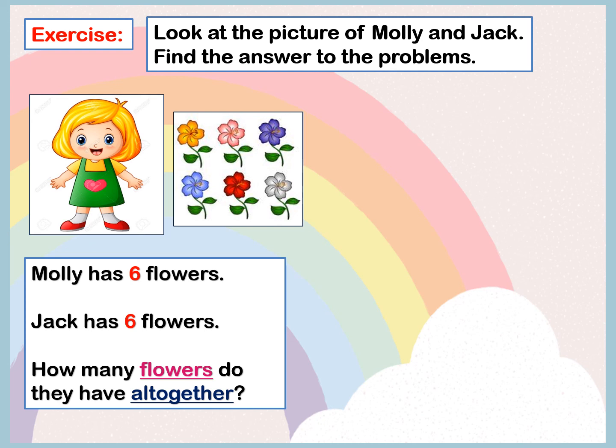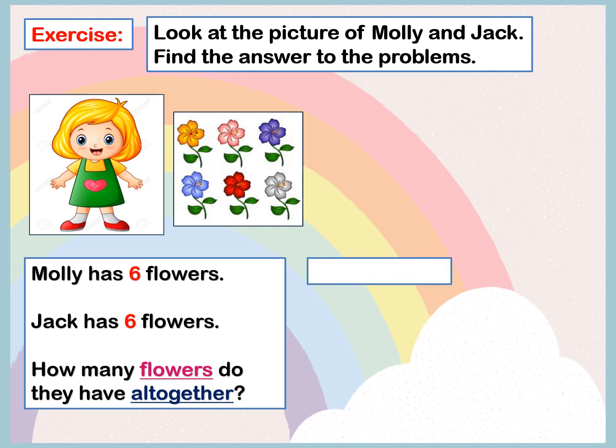Molly has, or she has. How many flowers? Using your pointer, kindly point your finger and count the flowers. 1, 2, 3, 4, 5, 6. Molly has 6 flowers, or she has 6 flowers.